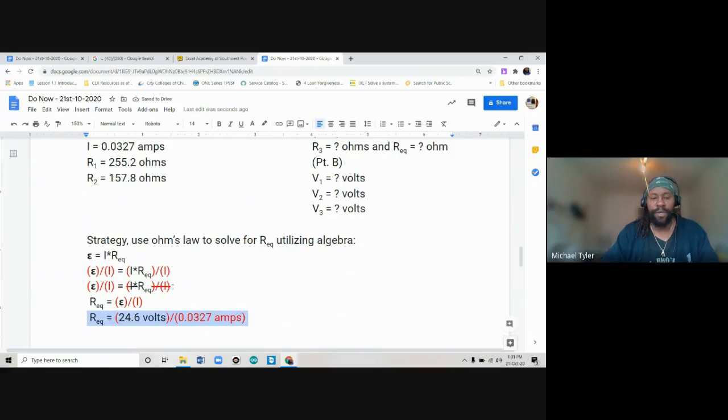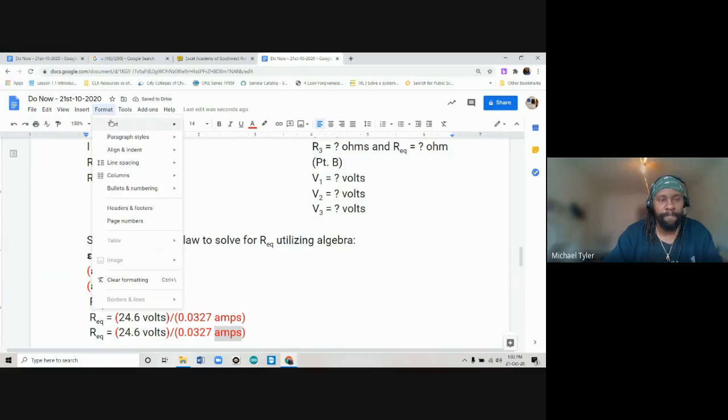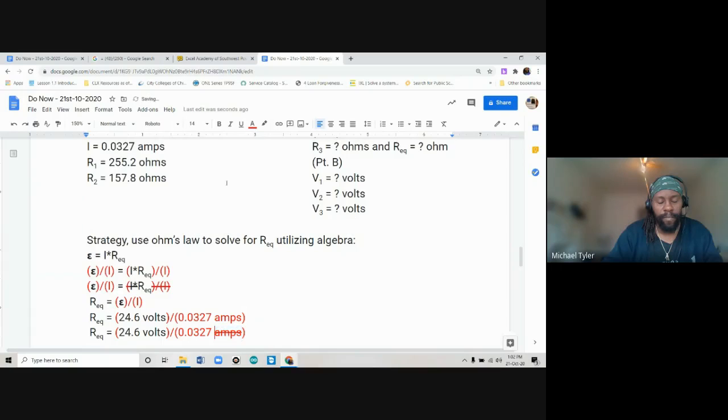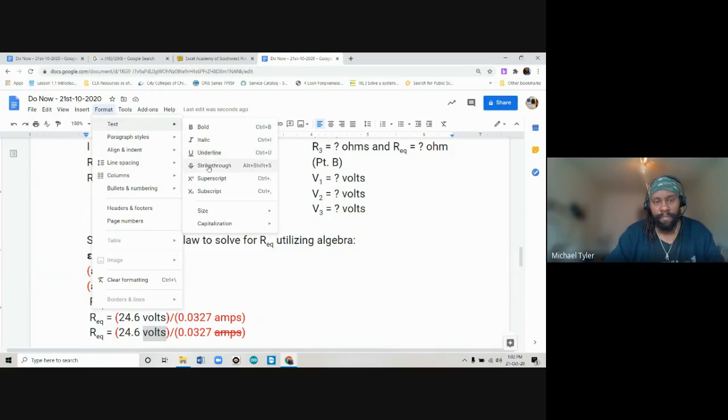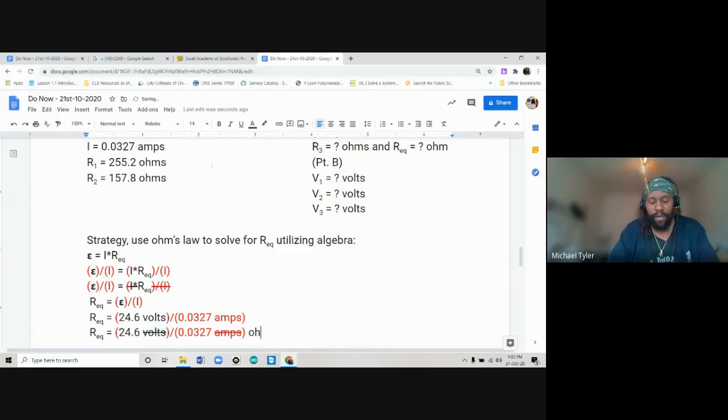So far, so good. What happens is when you divide volts by current, you get ohms. So we end up canceling out our amps and canceling out the volts, because when they divide out, they automatically create ohms. Okay, so over here is ohms.